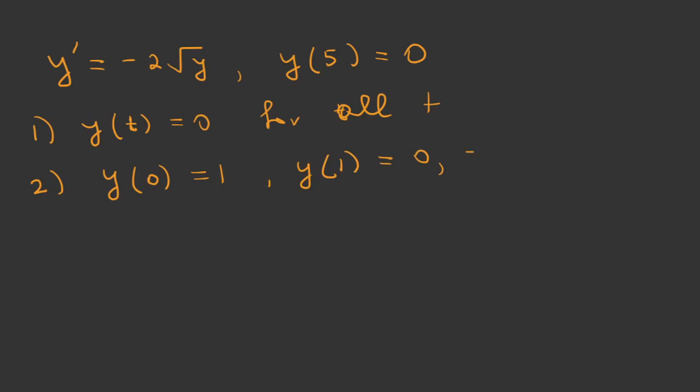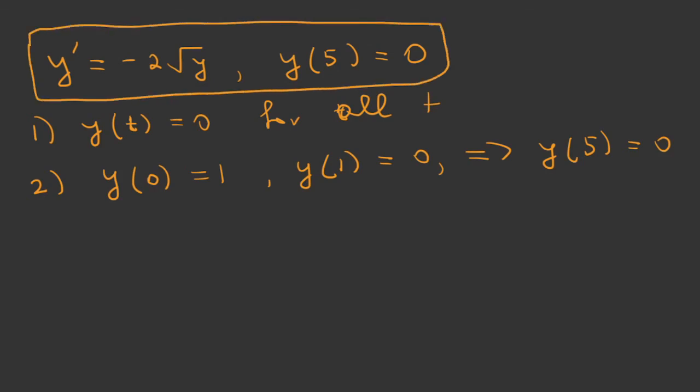In particular, we will have a solution satisfying this initial condition that the value of y at t equals 5 is 0. And so the fact that for this differential equation the travel time to the equilibrium position is finite allows for several solutions to the initial value problem right here.